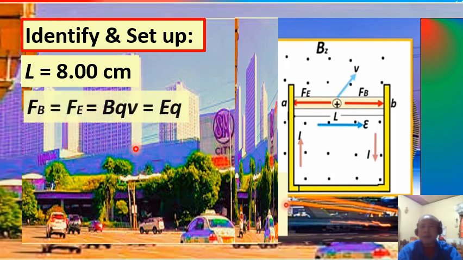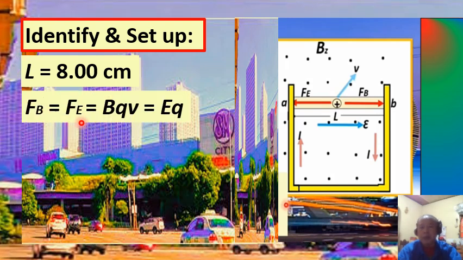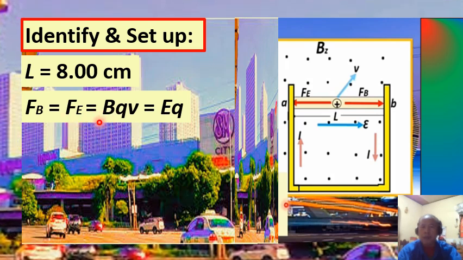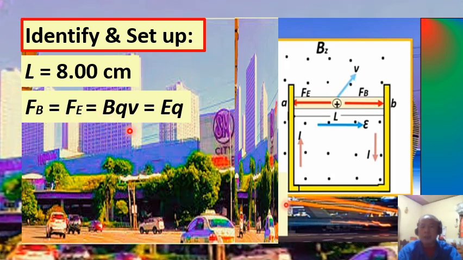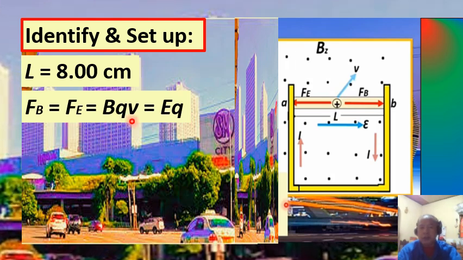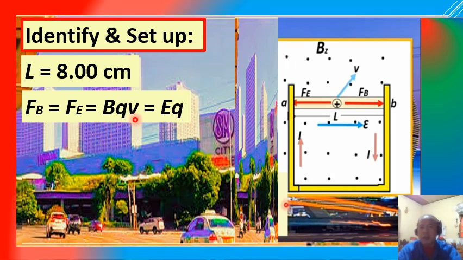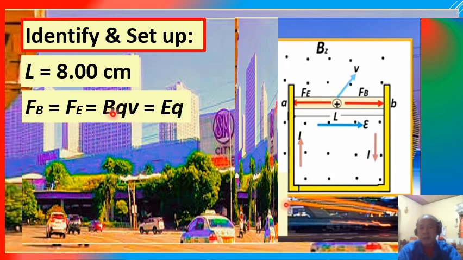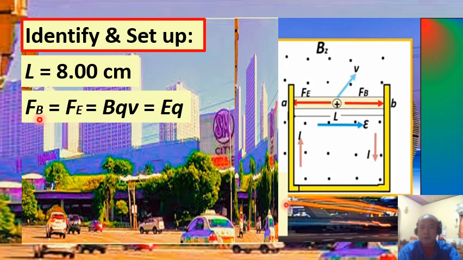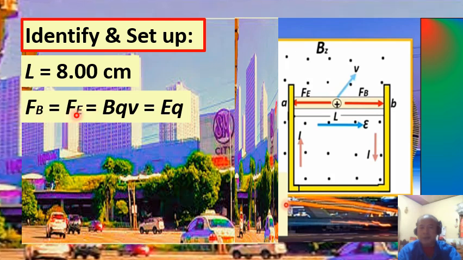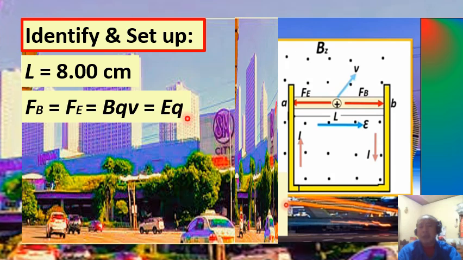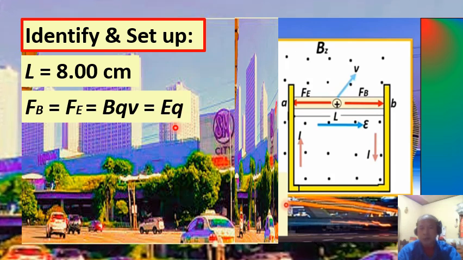The magnetic force F_B can be expressed as the product of the magnetic field, capital B, the charge Q, and the velocity of the rod, small v. That is the expression for the magnetic force F_B, while the electric force F_E is expressed in terms of the product of the electric field, capital E, and the charge Q, right?